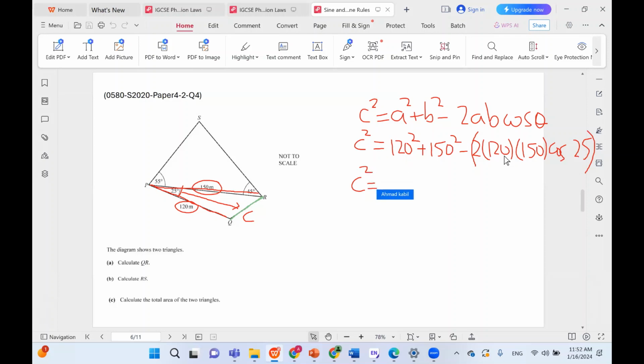120 squared is 14400. And then 150 squared is 22500. And then minus, and then we evaluate the term in the bracket.